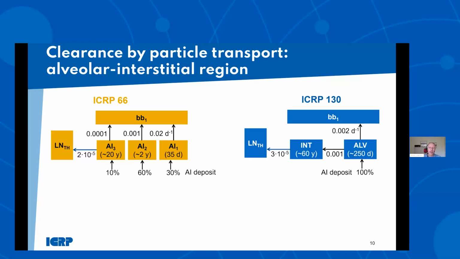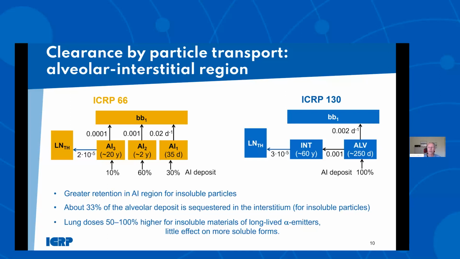So this higher retention, if you compare it with the old model, where only about 10% was retained for about 20 years, is strictly speaking applicable only to very insoluble material, which means that it is the absorption, the solubility of the material, which is going to be the limiting factor for the retention in the interstitium.